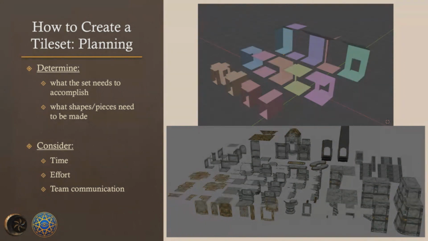And when you're doing the planning phase, you have to consider time. How much time do you want to put into it? Do you have enough time to make the whole tile set? Because if you have 50 different people working on the same tile set, it might get a little difficult. It might not snap together because one person was doing something one way and it was different from the way you were doing it.